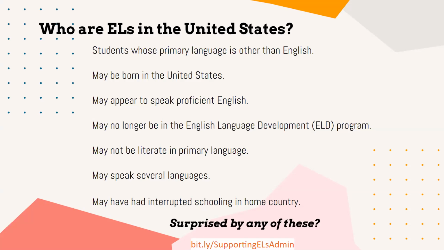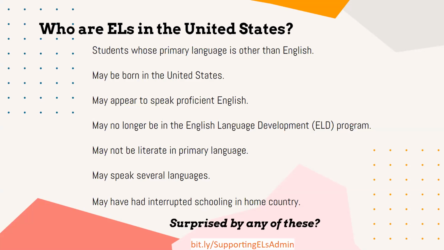But we know as educators that you can speak a language without being proficient in reading or writing at an academic level. So don't be mistaken for kids who seem to speak well and are in the program. You may also have ELs who are not in the English language development program in your building or district.